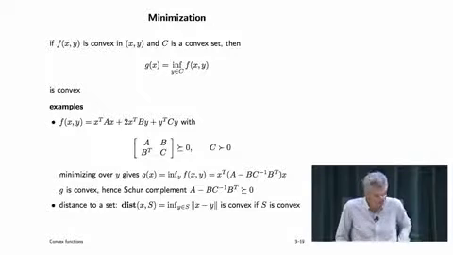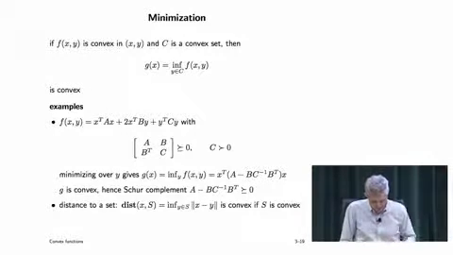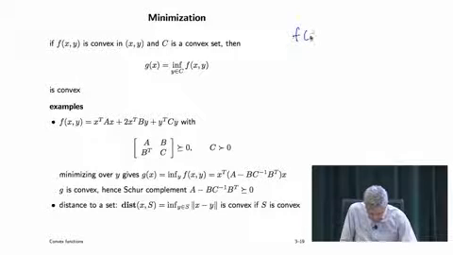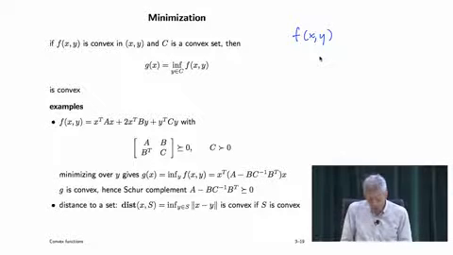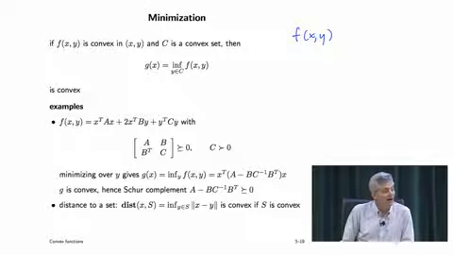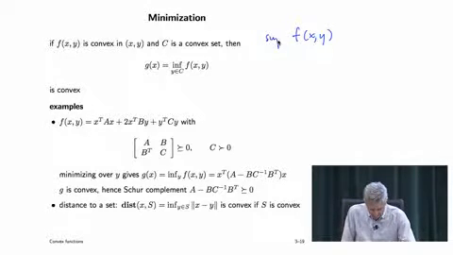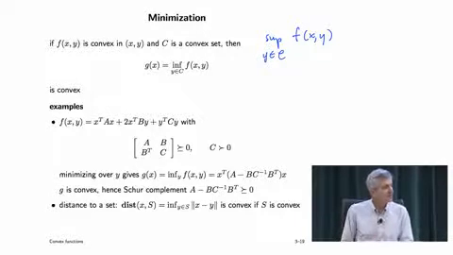So minimization is a very general construction. Oh, and I should contrast this with maximization. You'll remember the following: if I had a function f of two variables, and this function is convex in x for each y, where y is in any set, then the supremum over y is convex in x.